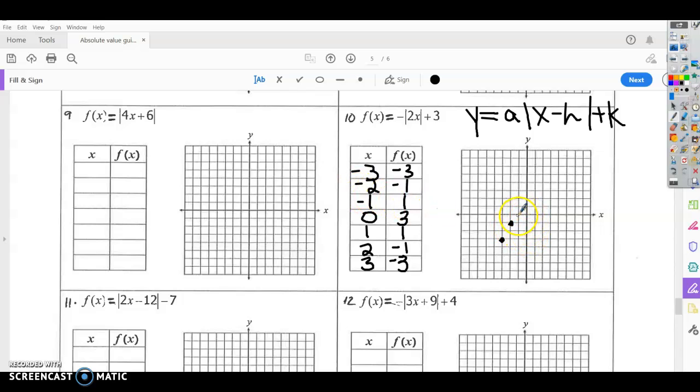Negative 1, 1. 0, 1, 2, 3. 1, 1. 2, negative 1. 3, negative 3. I did not draw that very straight. Let's see if I can do that again.